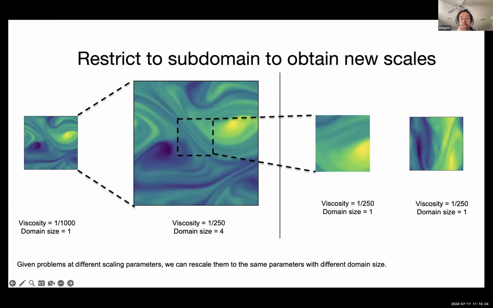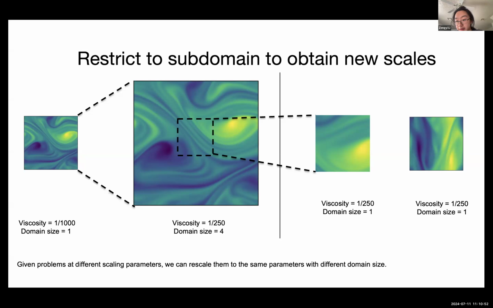The algorithm is very simple. First, we do a rescaling, say for the domain size 1 with viscosity 1/1000, we can rescale to domain size of 4 with viscosity 1 over 250. And then we restrict to a subdomain of the rescaled inputs. This subdomain will have domain size 1 and viscosity 1 over 250.